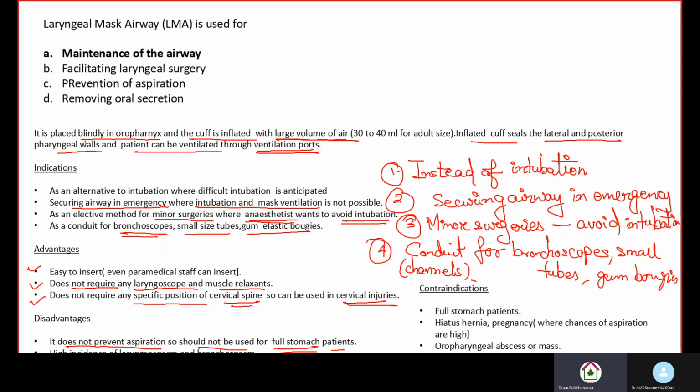Okay, so when should it not be done? Contraindications: number 1, full stomach patient, because it cannot prevent aspiration.